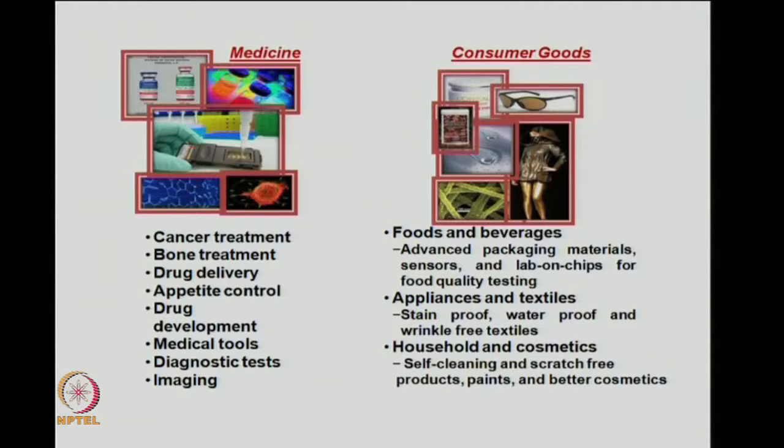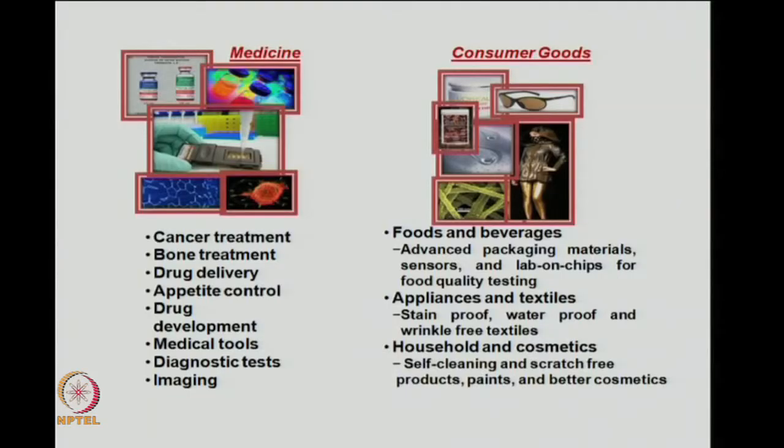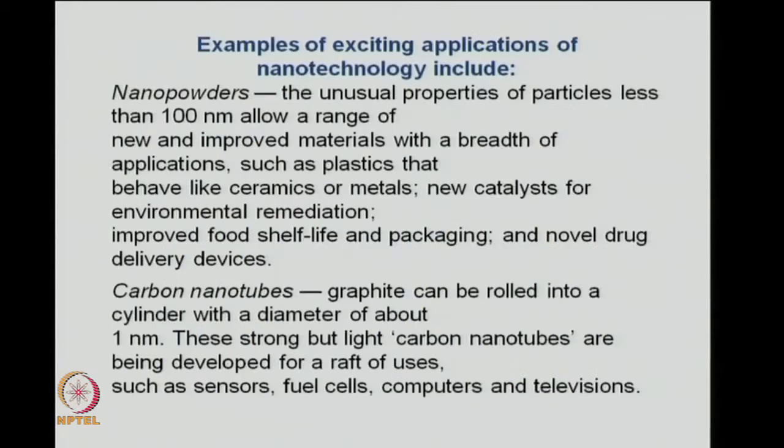A lot of self-cleaning products and scratch-free products in windows and paints, and many UV protection cosmetics are already in the market which use TiO2 or other such nanomaterials which protect you from ultraviolet radiation. So, there are a lot of applications envisaged in the area of the medical industry and the consumer goods industry.